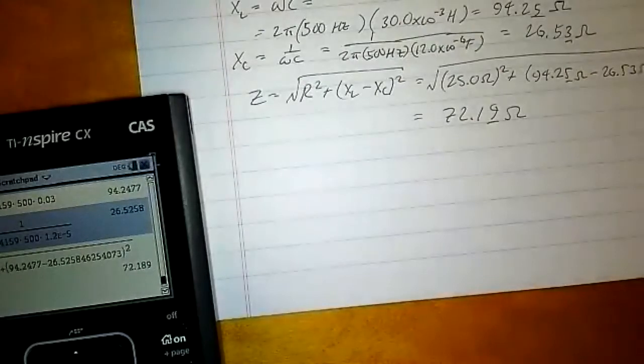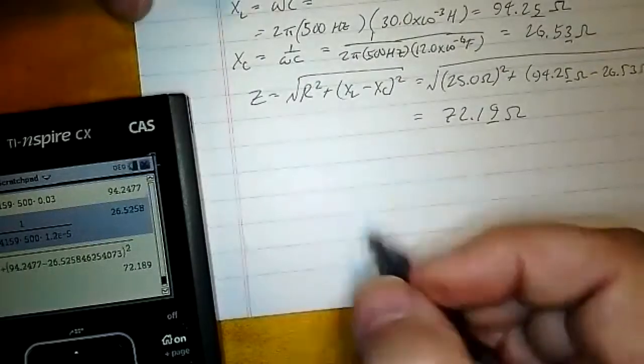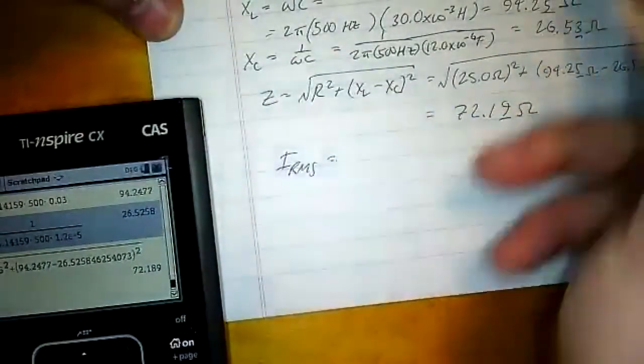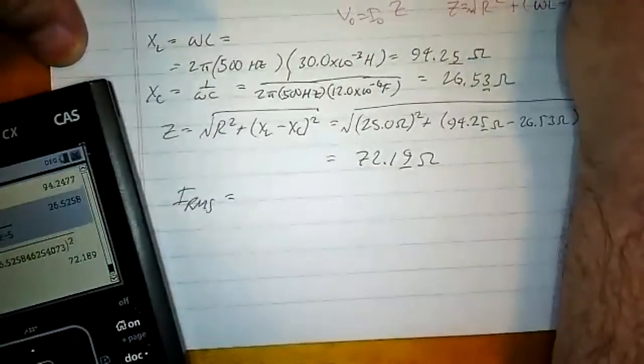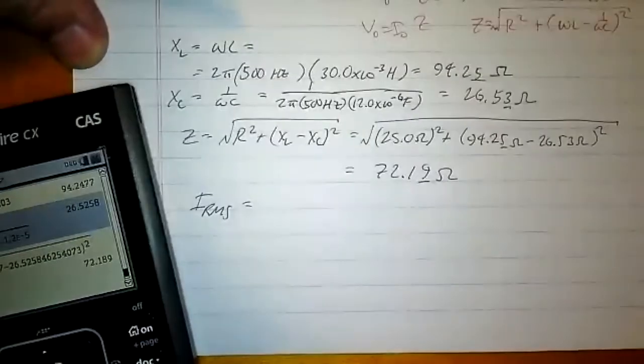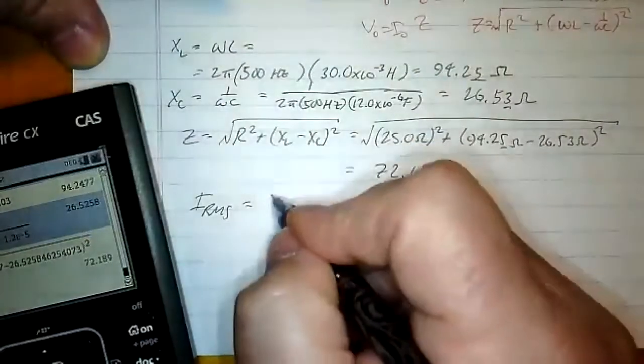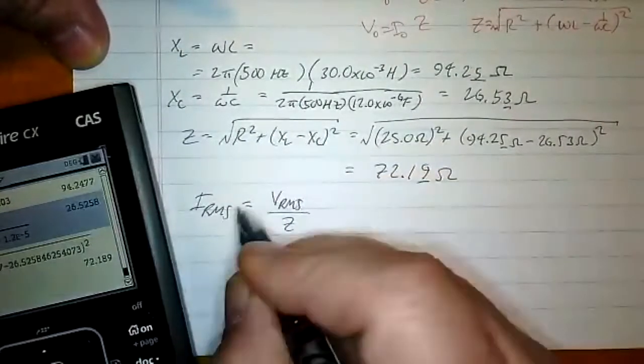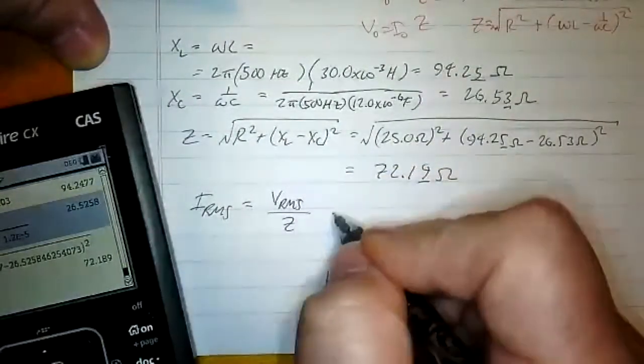Now, if I want to know IRMS, which I didn't ask for, but I meant to, I'm just going to take VRMS and divide it by Z, because you could do it with the amplitude or the RMS.